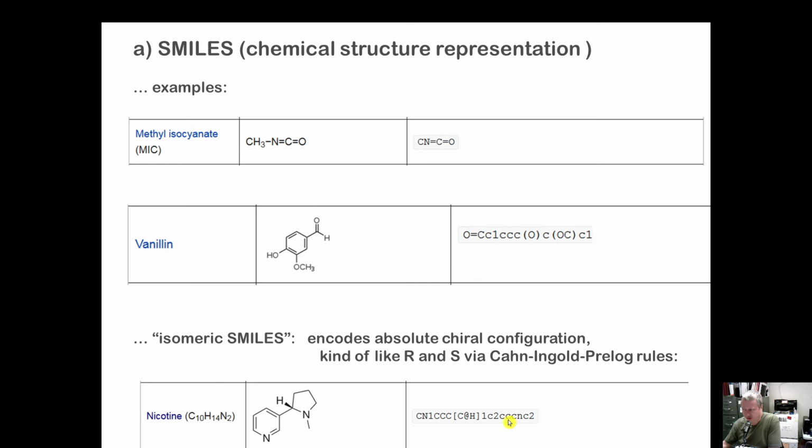What do you think the lowercase c's are? The lowercase c's we determined from up here are probably the aromatic ring. If we look at the right side of this, that's probably all of the aromatic ring.